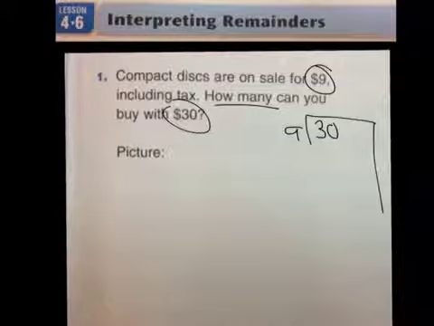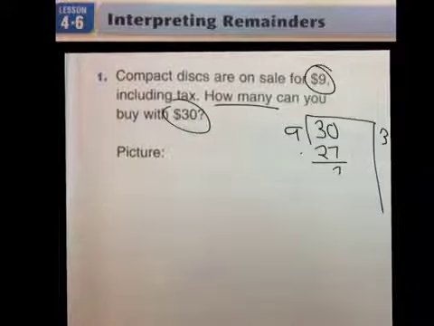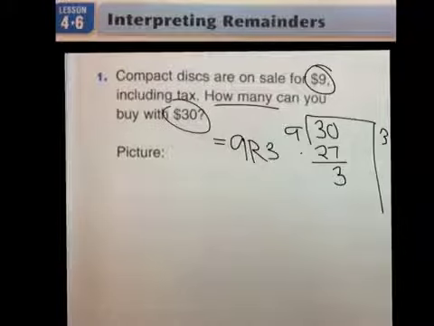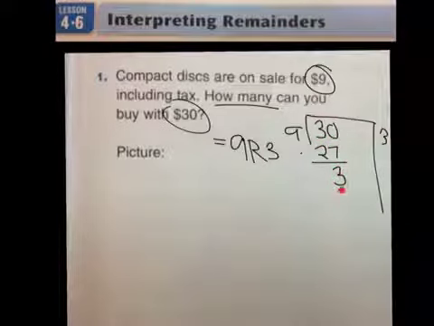So I know that 9 times 3 equals 27, and it's going to give me a 3 remainder. So my answer would be 9 remainder 3. What does this remainder mean? Well, we just broke up $30 and we have 3 left.